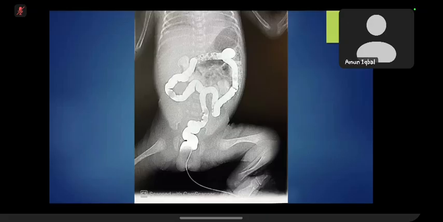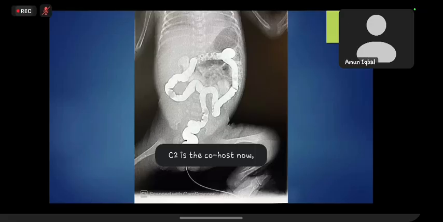Okay. So I want you to say the exact words. Yes. What do you think this is? Meconium ileus. Yes. Okay. What will you do next?